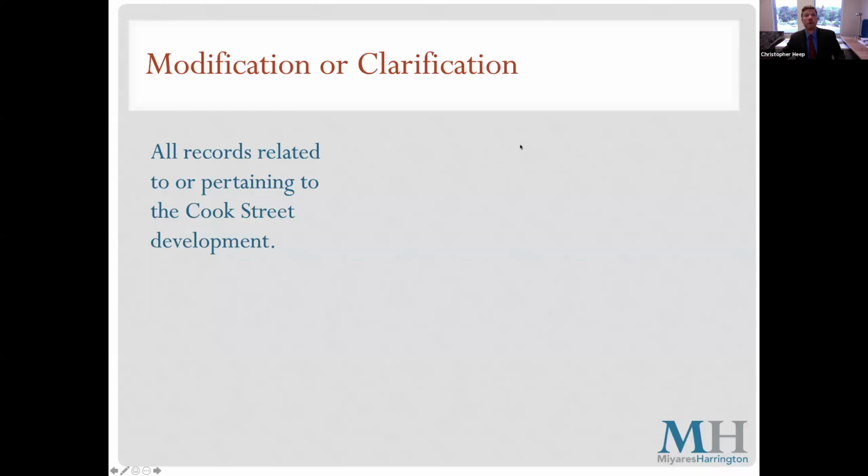Also, this request to modify or to clarify a public records request has the effect of stopping the clock for a response. So if the town sends this out, it can then wait for the requesting party to either agree to modify or clarify their request or not. But in any event, the town's 10 business day deadline for responding is tolled while we're waiting for a response there.